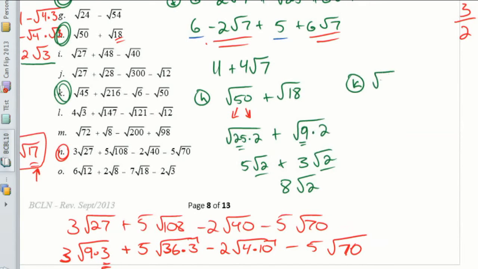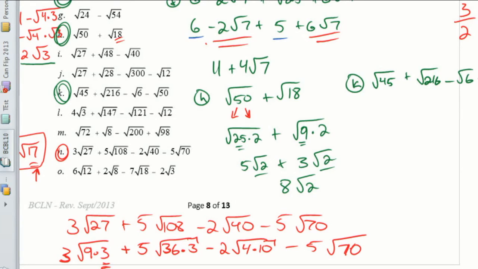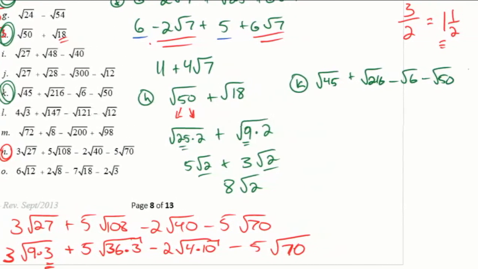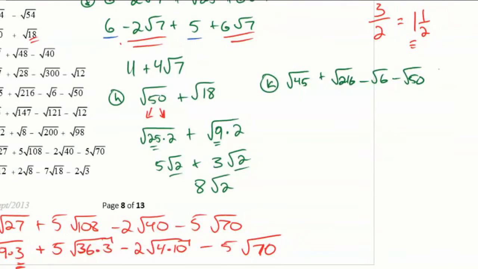So root 45, root 216, minus root 6, minus root 50. All right, 45. Perfect square that goes into there. I'm going to have 9 times 5. 216, I don't have anything that comes to mind right away, so I'm going to take my calculator.